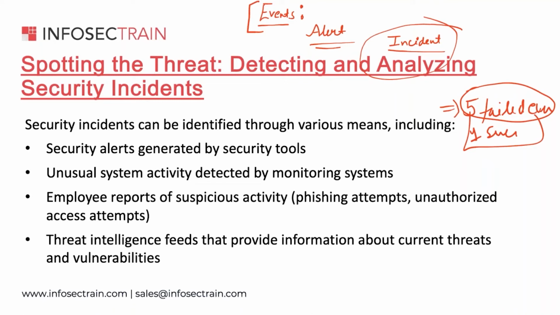These could be triggered by different factors like security breaches, system outages, human error, and even natural disasters. That is also an incident. So the key distinction between an event and an incident is the impact on operations. An event may be a precursor to an incident, but not every event is going to lead to disruption.